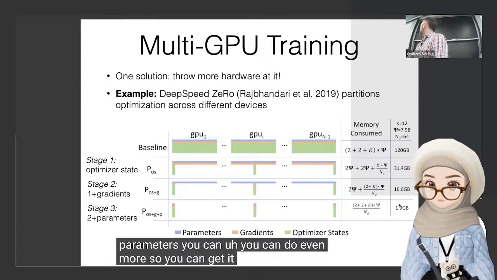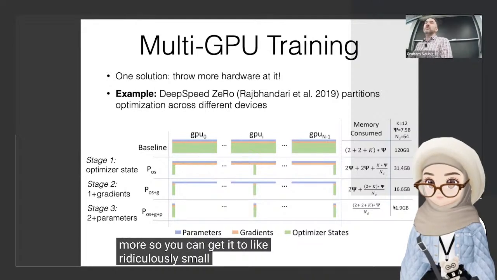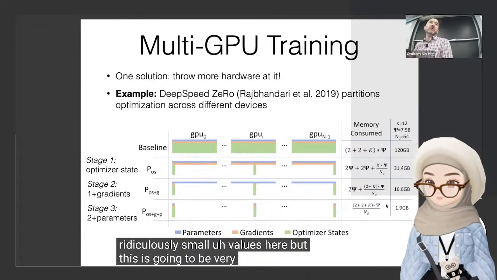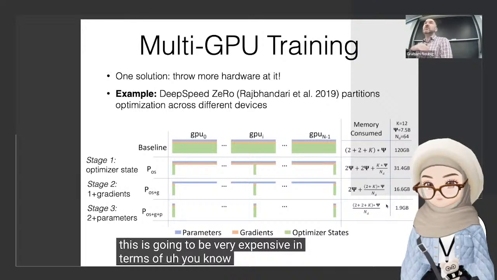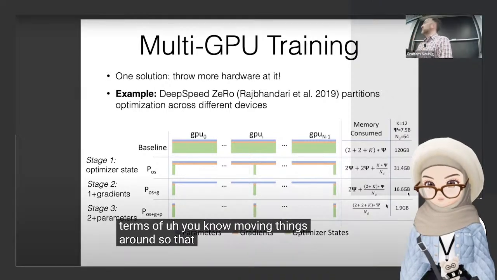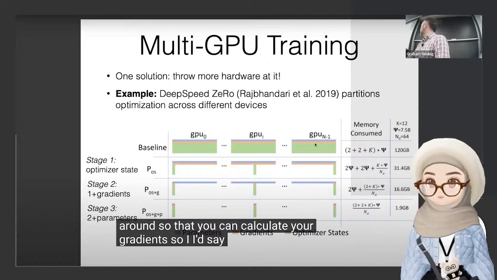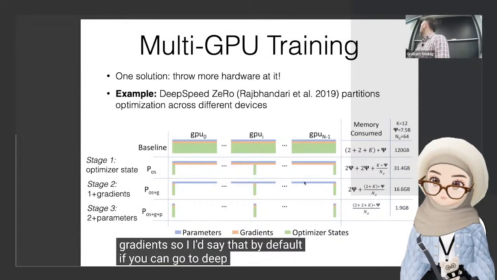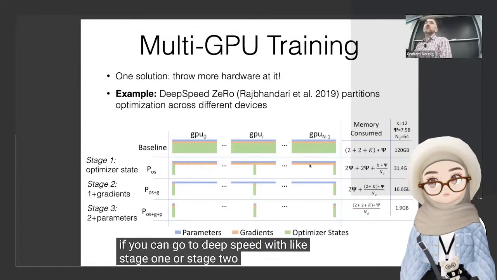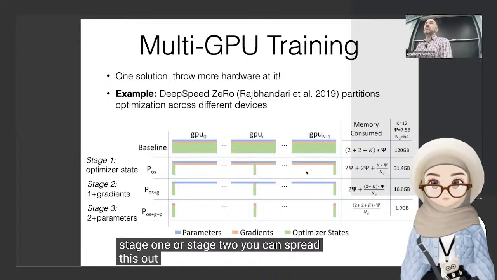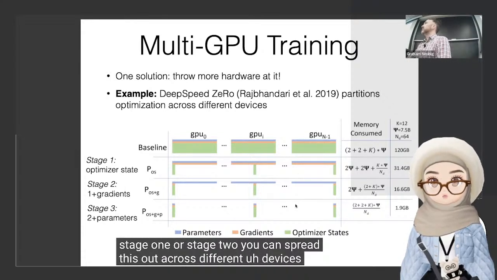You can get it down to ridiculously small values here, but this is going to be very expensive in terms of moving things around so that you can calculate your gradients appropriately. So I'd say that by default, if you can go to DeepSpeed with stage 1 or stage 2, you can spread this across different devices and train models.